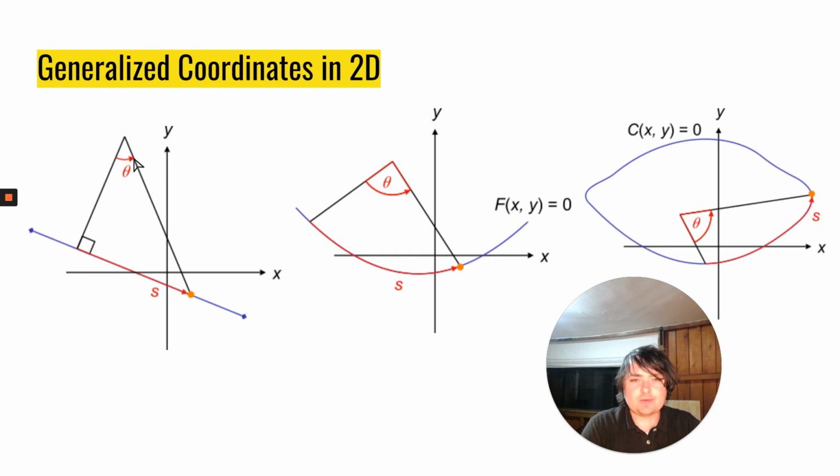So in this case, where you have a triangle and your particle, which is this little orange guy, is traveling along this blue line, you can create a generalized coordinate system such that you could describe the entire motion of this orange particle with theta and with s, the distance along this line, which would make it far, far easier than describing this point along x and y as your coordinates.